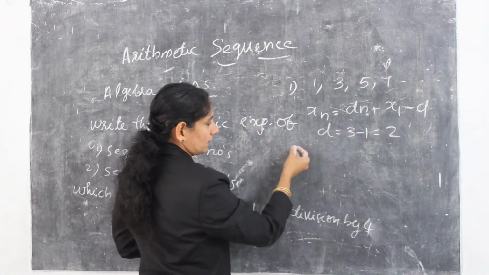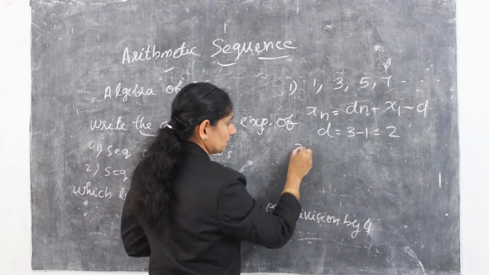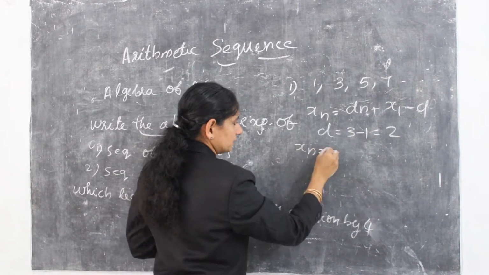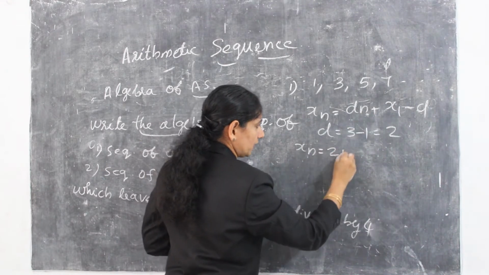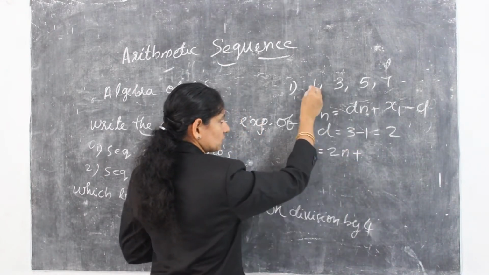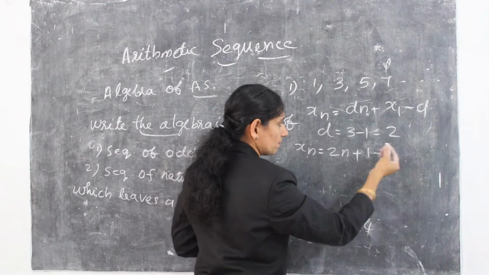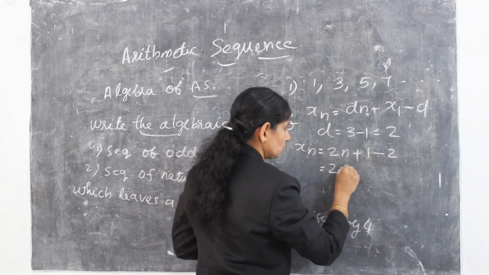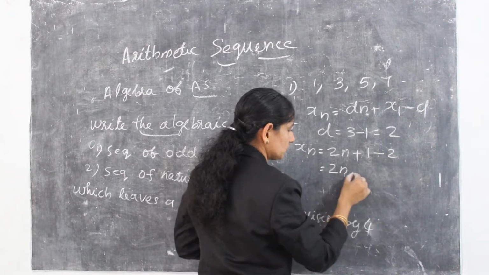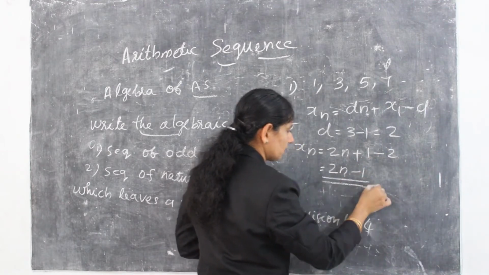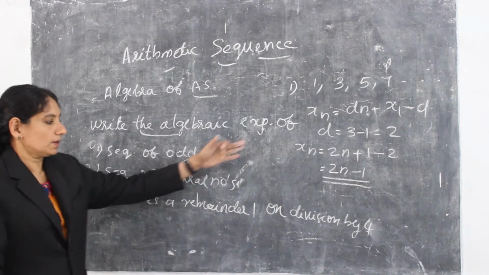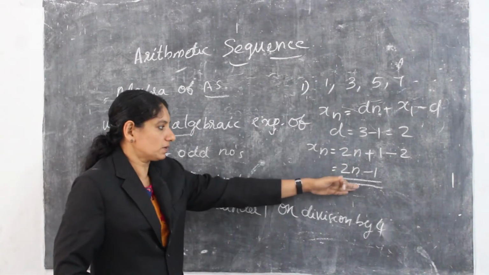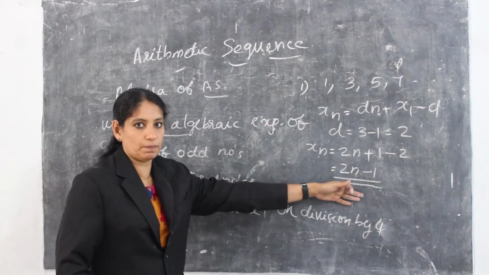Then xn equal to 2n plus x1 is 1 minus common difference 2, 1 minus 2 is minus 1, 2n minus 1. The algebraic expression of the odd numbers is 2n minus 1.